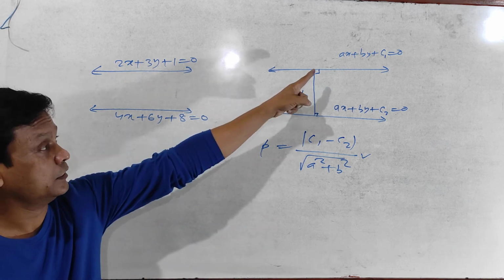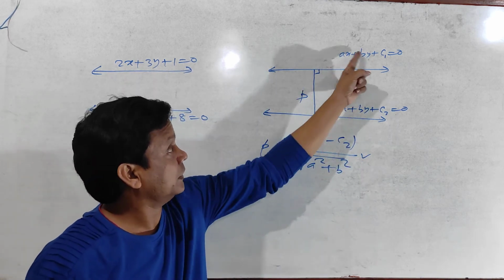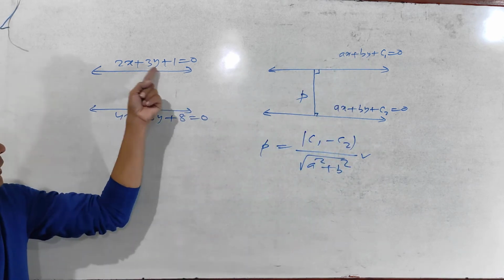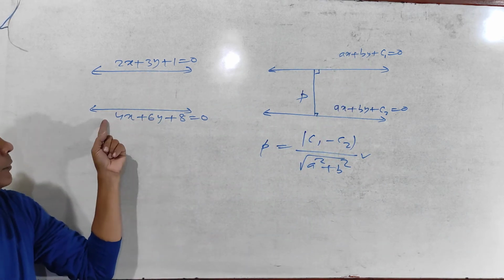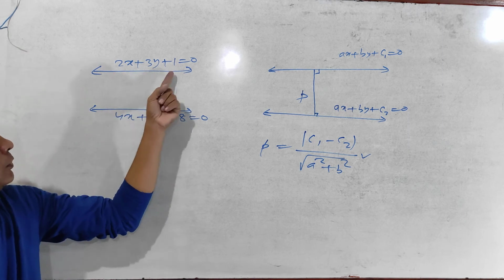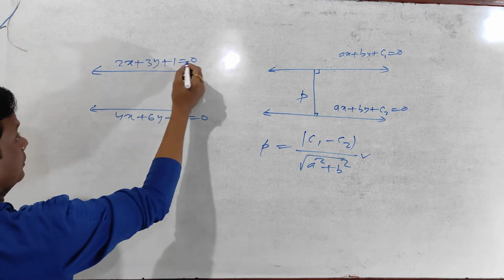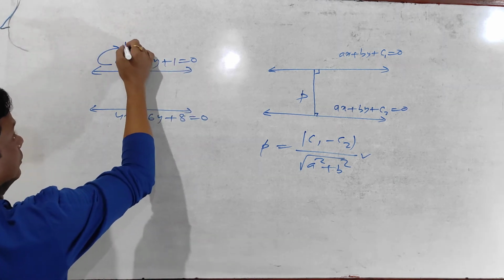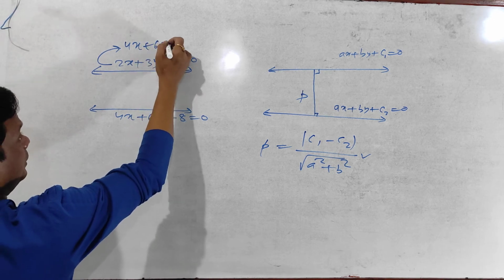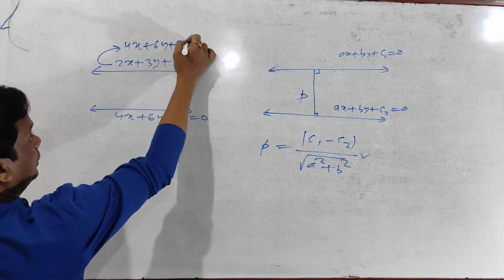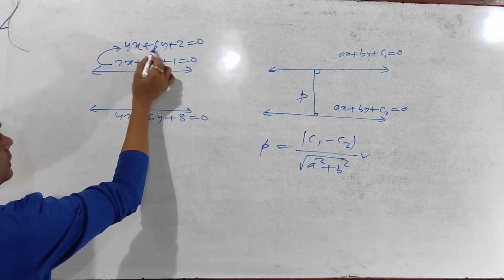But here a and b should be the same. Here it is 2, 3, but here it is 4, 6. Either divide by 2 here or multiply by 2. If you multiply by 2 here, it will be better. So I am multiplying by 2 here: 4x plus 6y plus 2 equal to 0. So 4, 6, 4, 6.